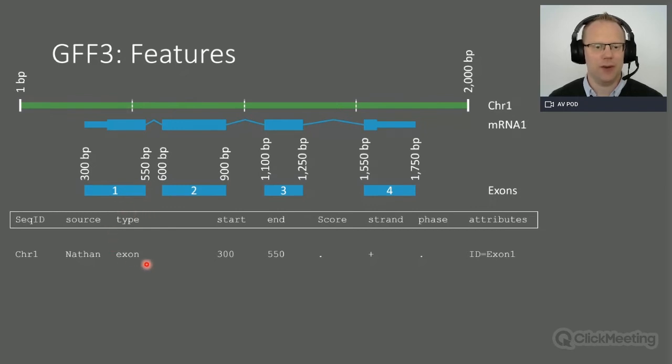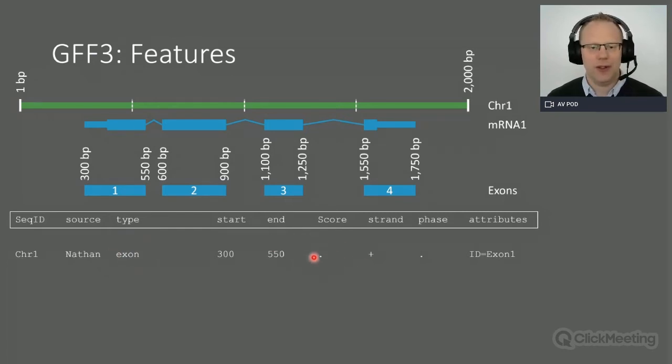For a valid GFF3 file, the type has to be a feature that's described in the sequence ontology. It can either be the name of the term, or it can be the actual accession number. We'll come on to that later.